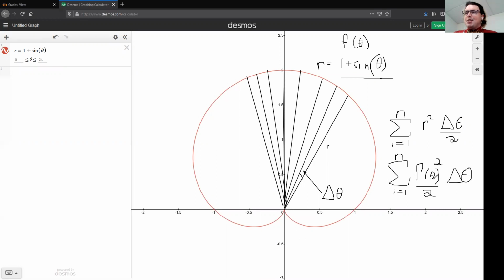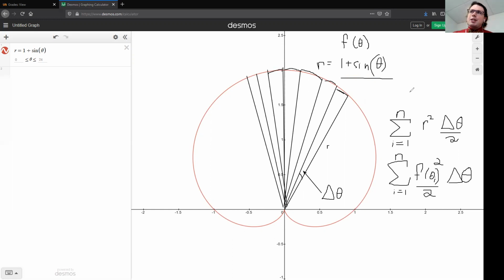Now, I'll have different sample points, of course. I'll have like theta 1, theta 2, theta 3, and so on for each one of the sectors that makes up my approximate area, right? These will still be a little bit too small in places, a little bit too big in others.